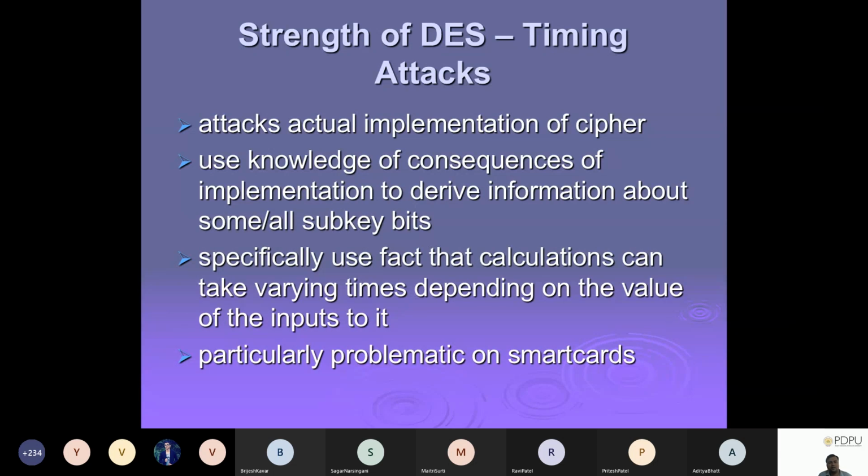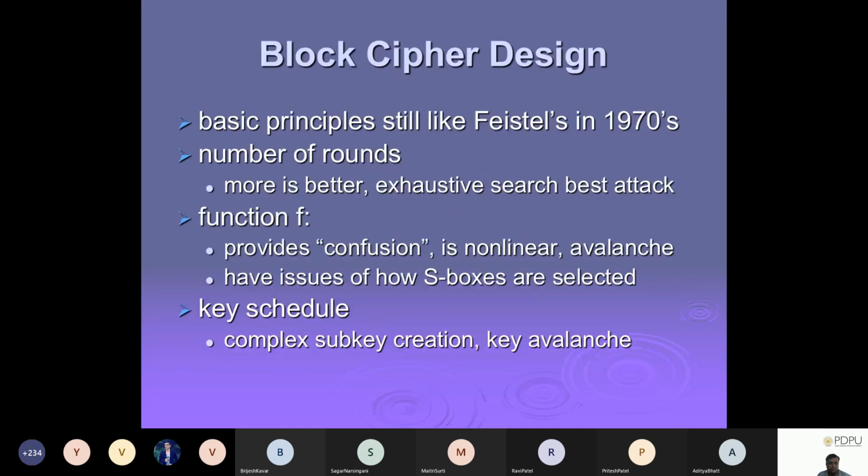So you can see how people analyze timings in terms of security.